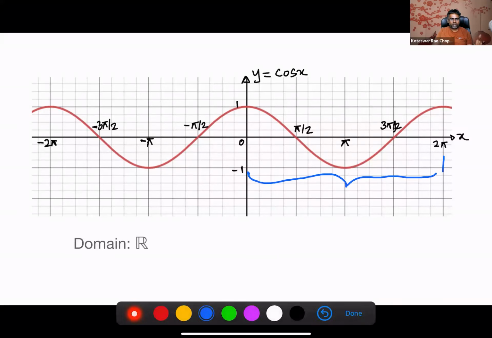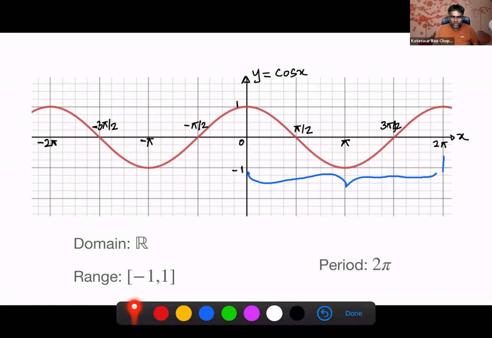The domain is again all the x values, so the domain is R, and the range is again like the sine function. You have -1 and 1, both included. All the values in between are also included. And the period is also the same as the sine function.